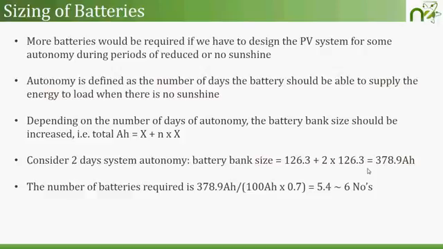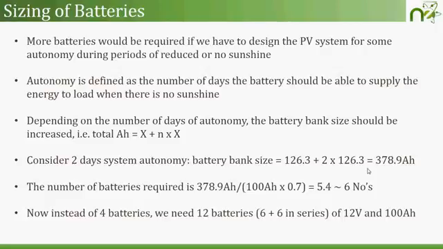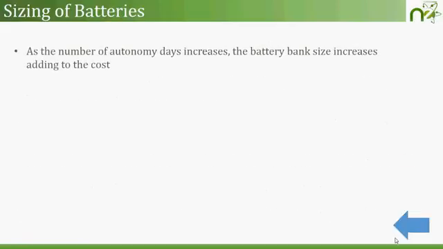We need another series capable of generating 24 volt, so we need 2 such series in parallel. One series of 6 batteries and another series of 6 batteries, getting 2 series, the total batteries would be 12. These are 12 volt batteries of 100 ampere hours capacity. So this is how the battery gets sized.